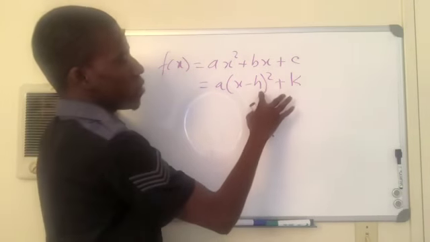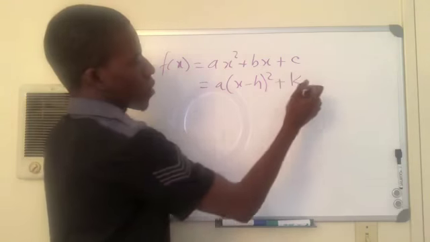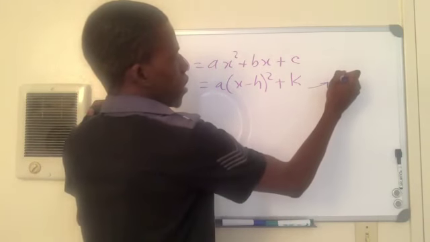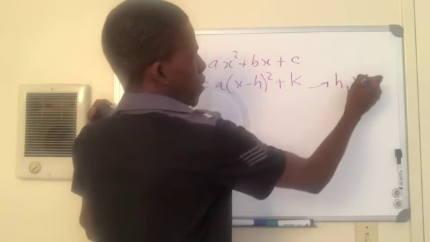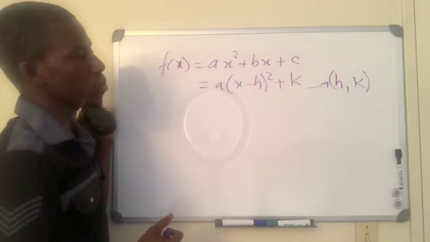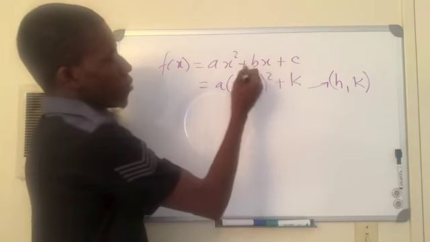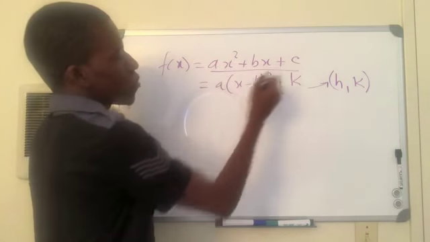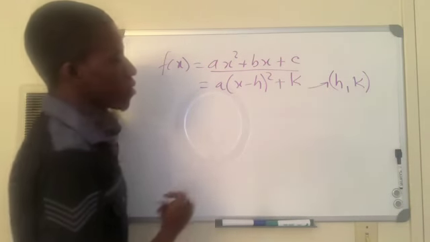Okay, so in this form, we have h, k as the vertex of our parabola. And so people ask me, what if we have the parabola in this form? How do I find h and k? It's easy.